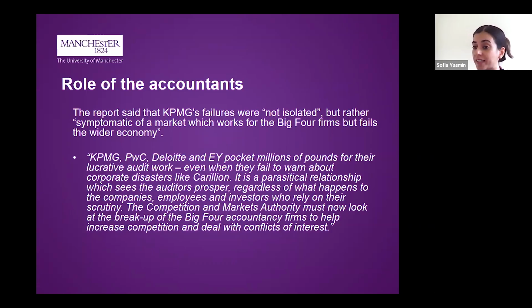And after its collapse, PwC were brought in as special advisors to see what went wrong. And as a result of the really damning report that came out, the Competition and Markets Authority here in the UK suggested the breakup of the big four accountancy firms, which has then been taken up by the regulator, and it's now in the process of being looked at as to how this can be done.